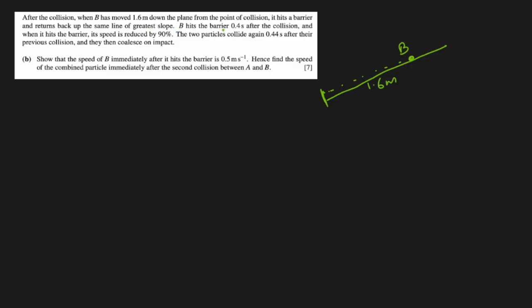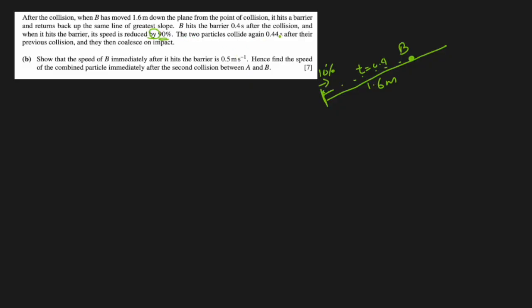B hits the barrier 0.4 seconds after the collision. And when it hits the barrier, its speed is reduced by 90%. That means it returns with only 10% of the speed it hit with; 90% is lost.